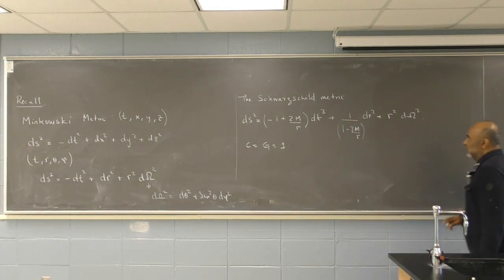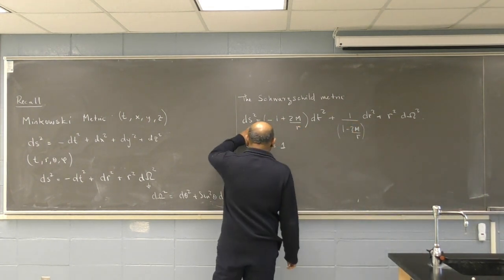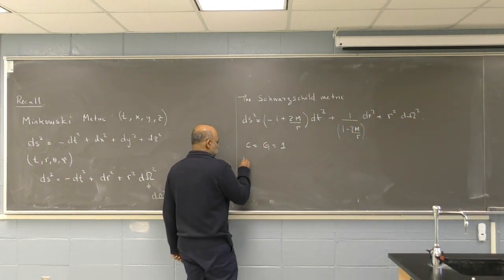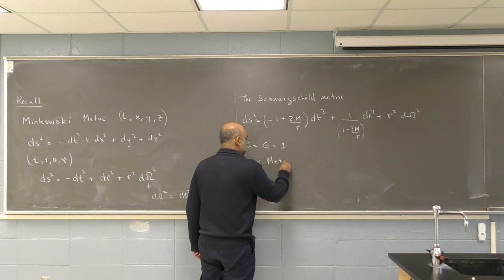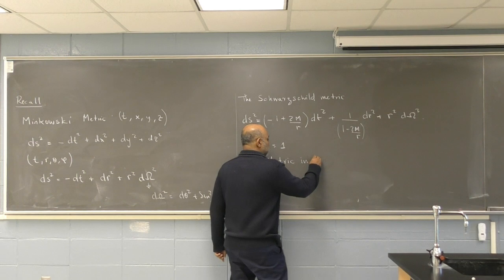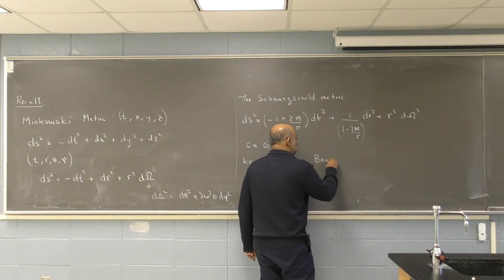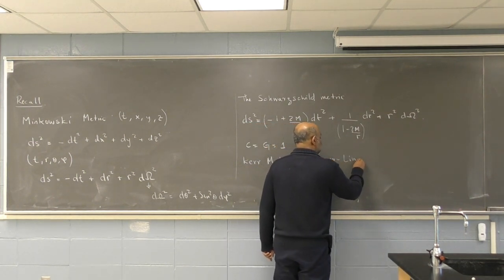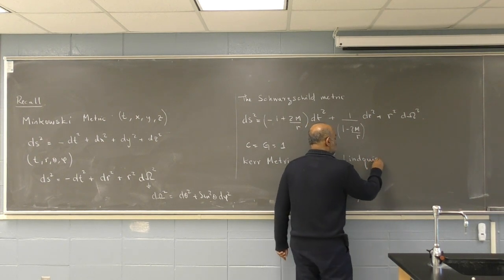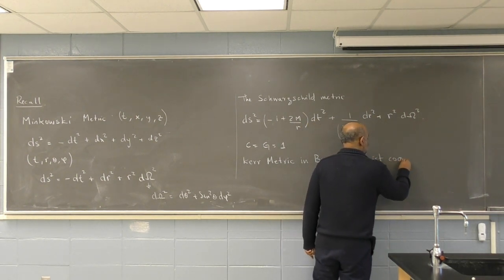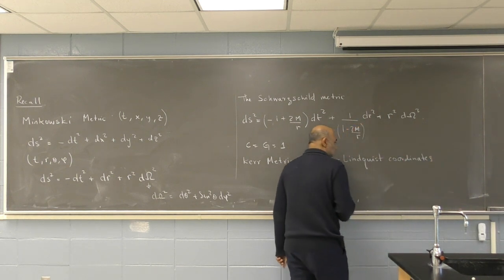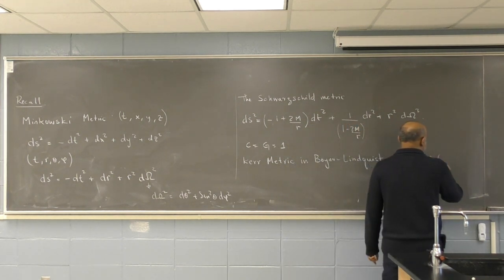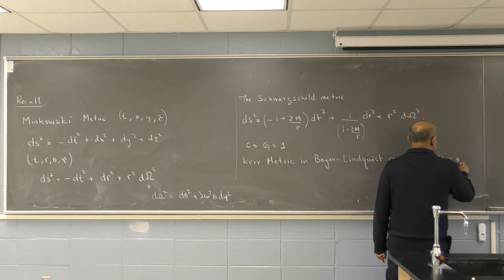So let me write, and so you can see the deviation here, a Kerr metric in Boyer-Lindquist coordinates, and it is somewhat of a spherical coordinate system.